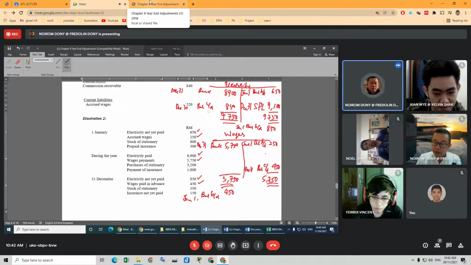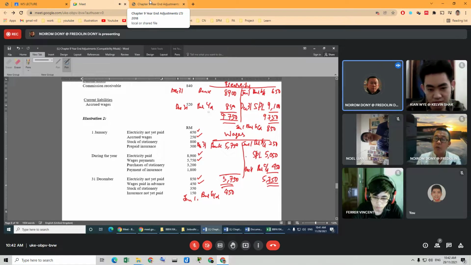So we have a balancing figure here, which is 5,050. Okay, this one definitely the amount that is being posted to SPL. We close off the wages account and put into SPL. So at the last day of the year, December 31st.